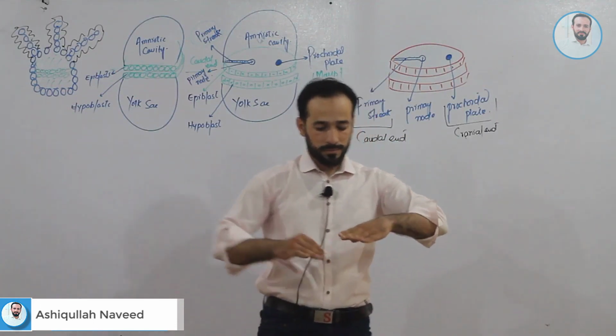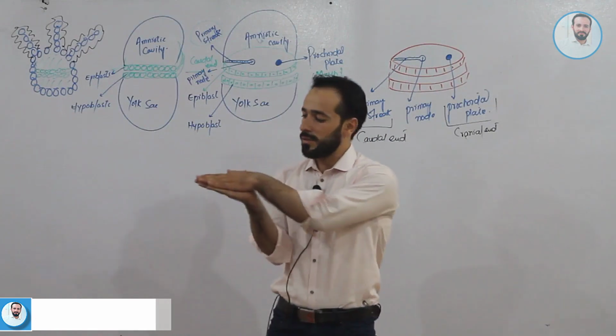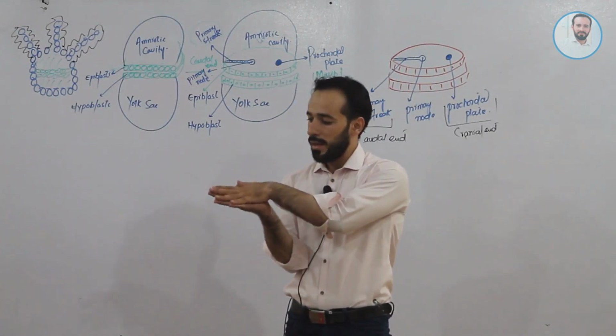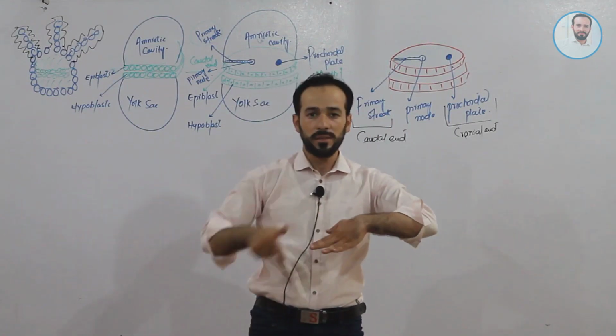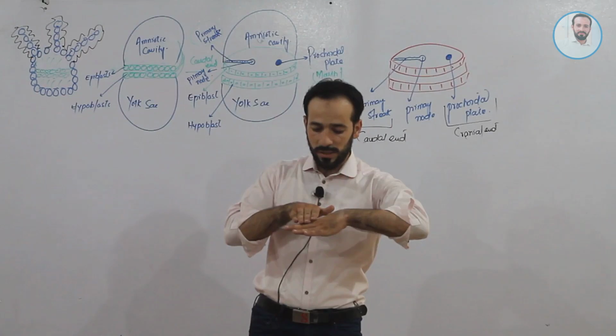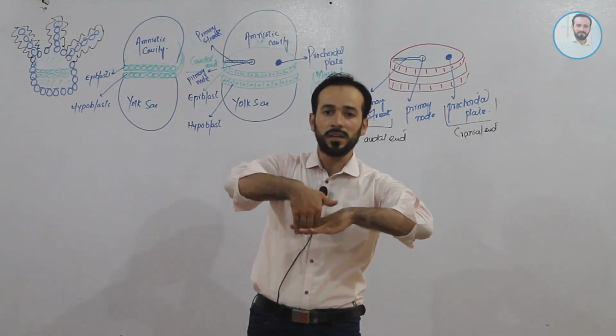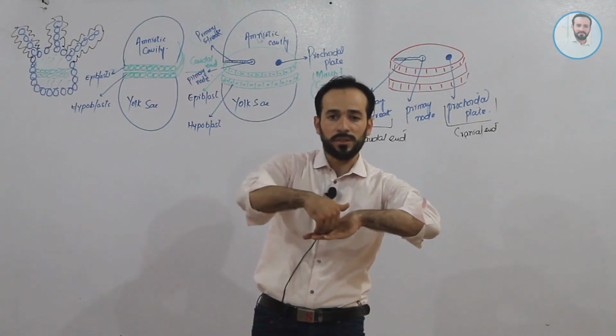Look, for example, these are two layers, right, and in between the two layers there is the primary streak. So friends, from the upper surface, the cells will divide and will move into the primary streak from this side, and from this side.